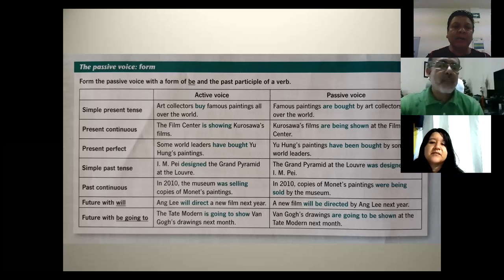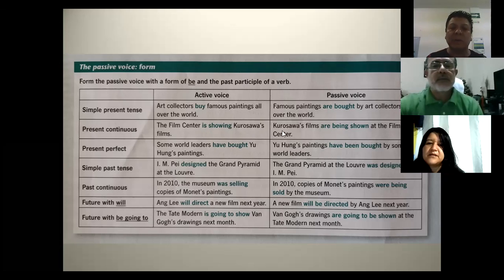Look, you see the active voice in present continuous. It's like we talk as usual. The film center is showing Kurosawa's films, but in the passive voice, look, Kurosawa's.